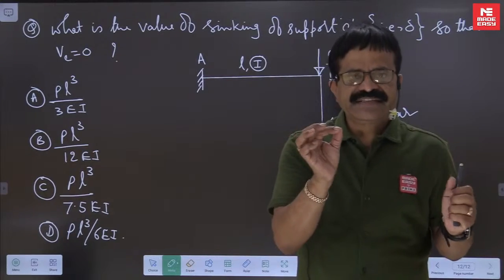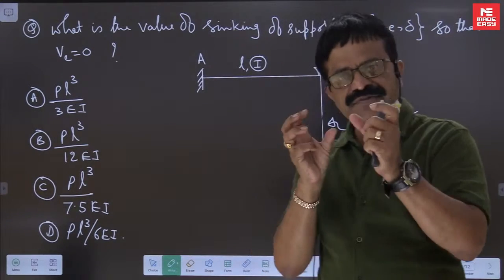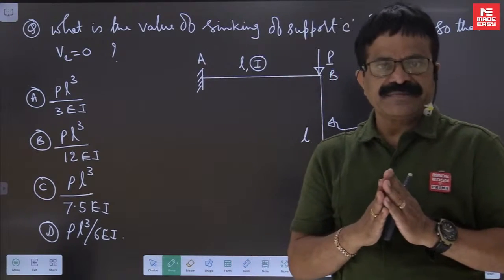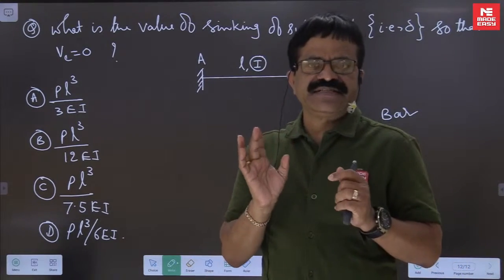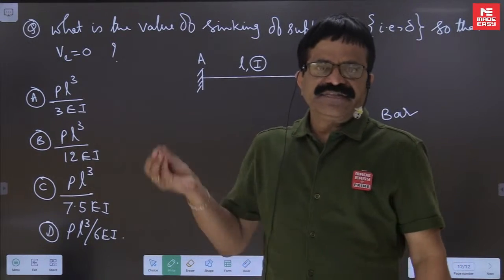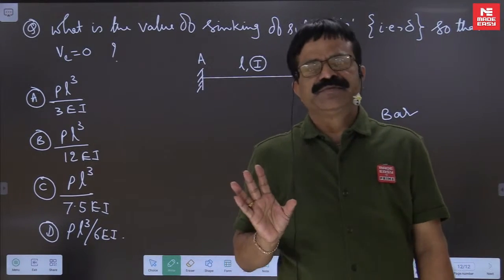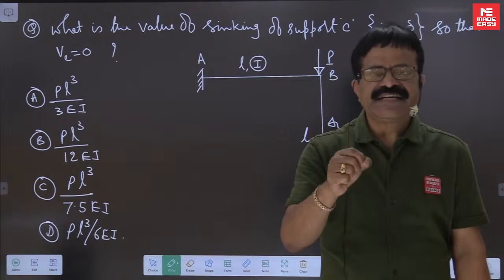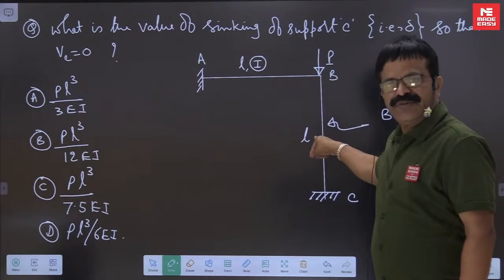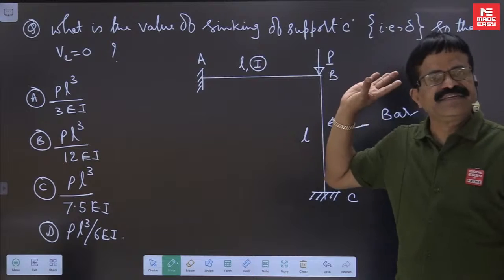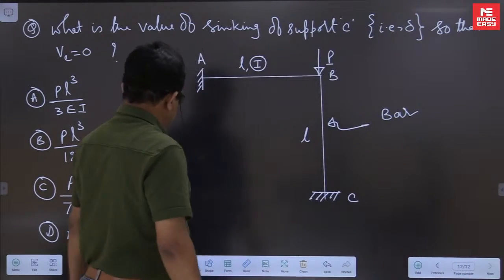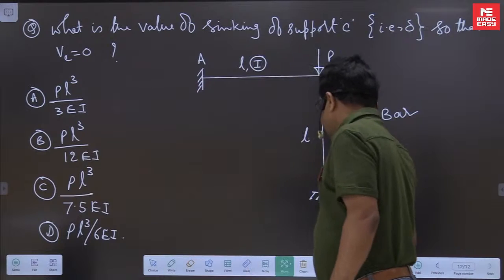Once you say rigid joint, the angle between the two members will remain the same only if the members have flexural rigidity, that is, if they can take the moment. If one of the members cannot take the moment, the word rigid joint has no meaning there, which means that once B sinks down by delta, that 90-degree angle will not be maintained. So the implied meaning of bar is that it cannot take moment.